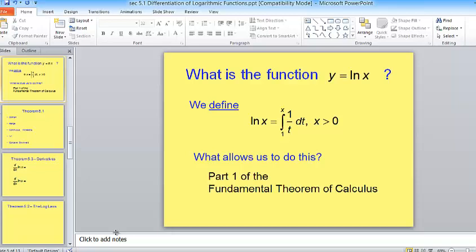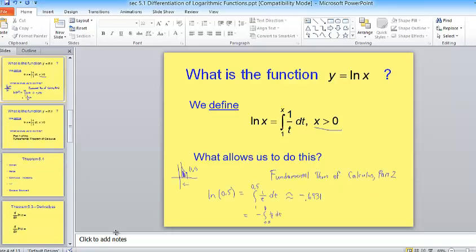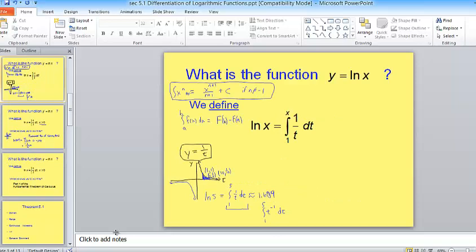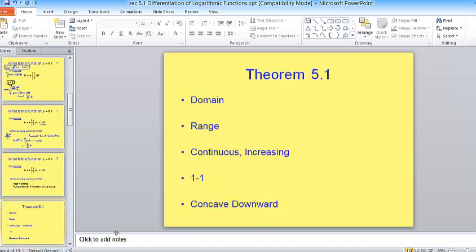The log function is giving me the area under what curve? 1 over x. Right? There's little teeny pictures I have. Look at those pictures from last time. Right? Those are there. Okay.